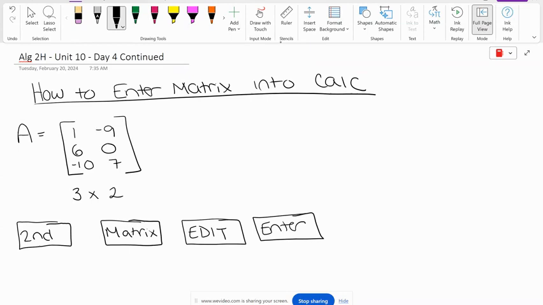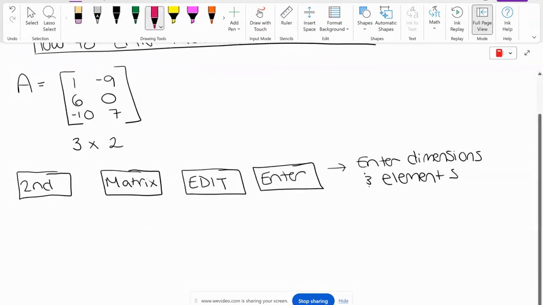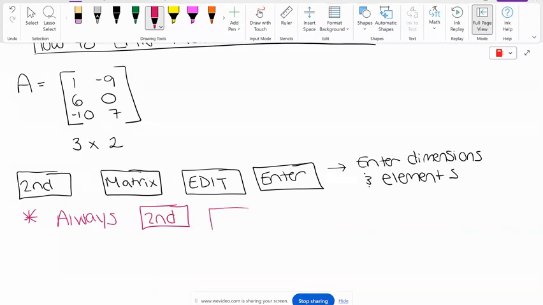And then after you press that, you're going to enter dimensions and elements. And then special star here. Always press second and then quit after entering in a matrix.